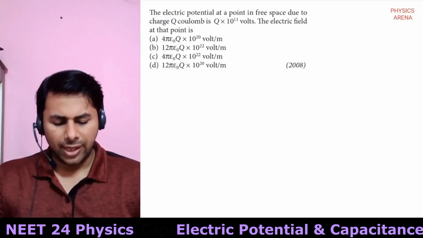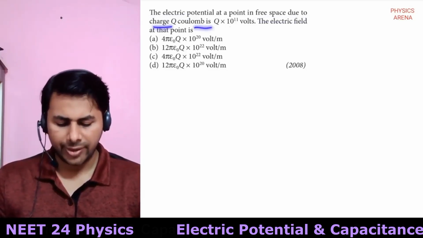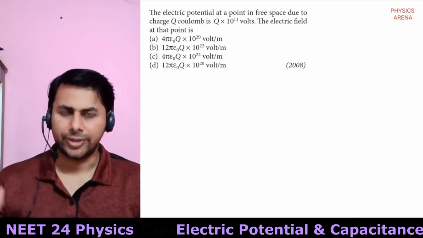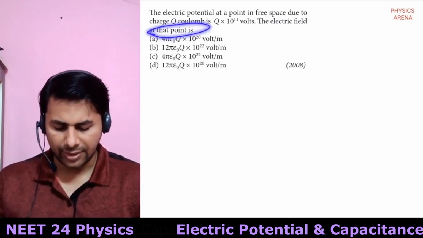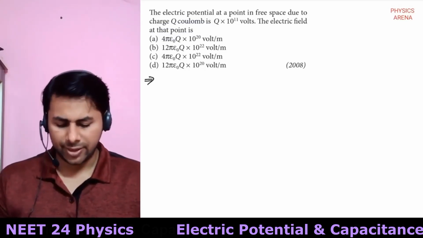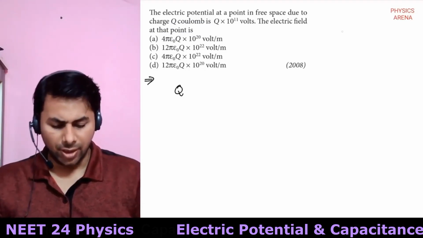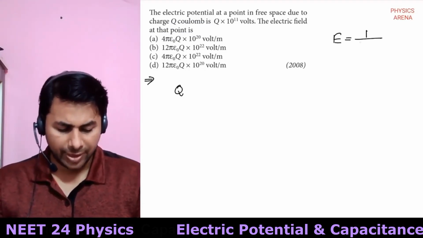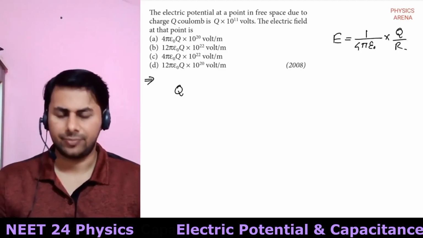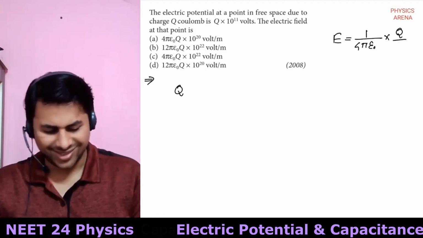Now, electric potential at a point in free space due to charge Q coulomb is Q multiplied by 10 raised to 11 volts. The electric field at that point is? So what's the relation? For a charge Q, electric field is 1 upon 4 pi epsilon naught times Q upon R square.